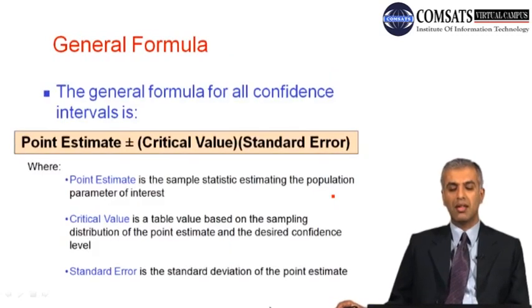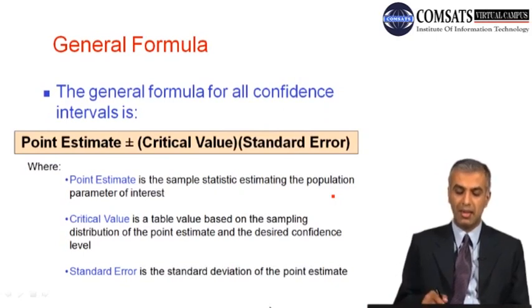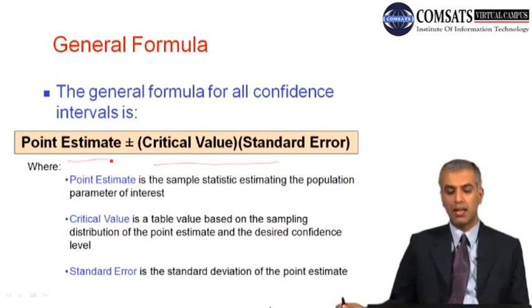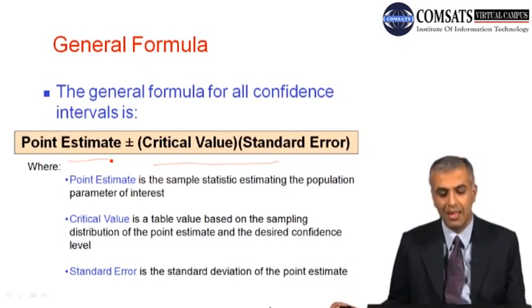Then we discussed the general formula used to calculate the point estimate, and the confidence interval upper limit and lower limit. Once these values have been calculated, the calculation of standard error is a bit easy.